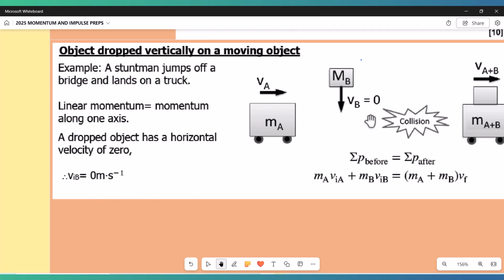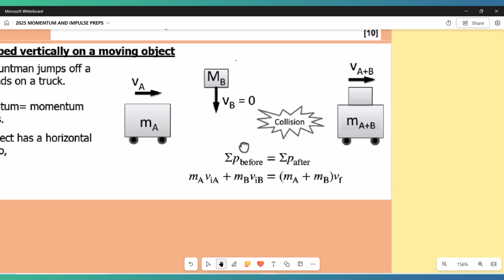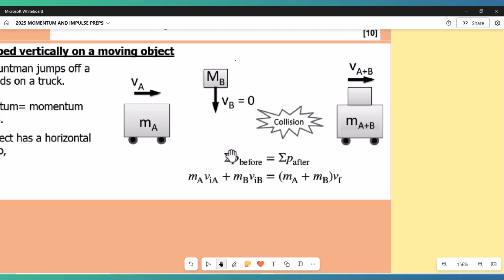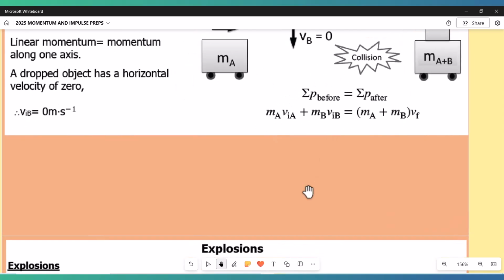That's why this V here is 0. We're going to see it in one of the examples. Now, in that case, our equation is momentum before equals momentum after. We're going to have MA times VA plus MB times VB equals MA plus MB times V final. Because now the person is going to be stuck on that second object, that's why we are adding the masses together here. And I hope we are together.